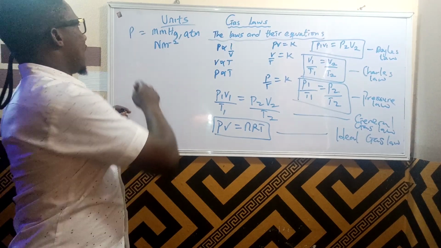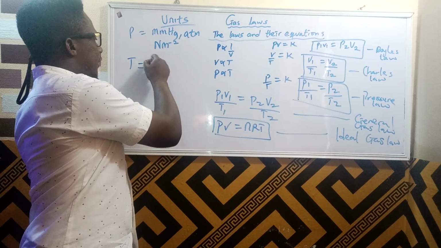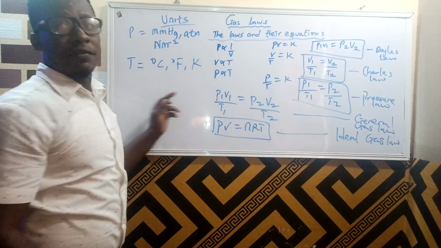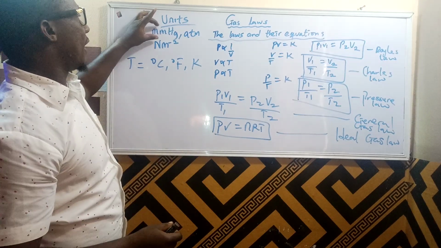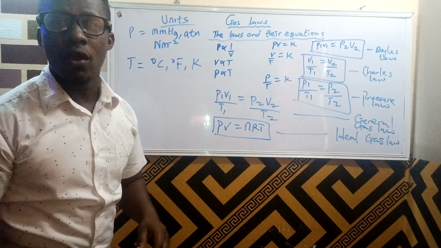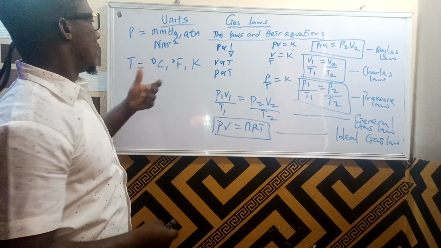For temperature, you can have degrees Celsius, degrees Fahrenheit, and Kelvin. Kelvin is the most common. For pressure, mmHg is the most common. Of course, we have other ones like Torr and Pascal, etc., but these are the most common ones used in chemistry.